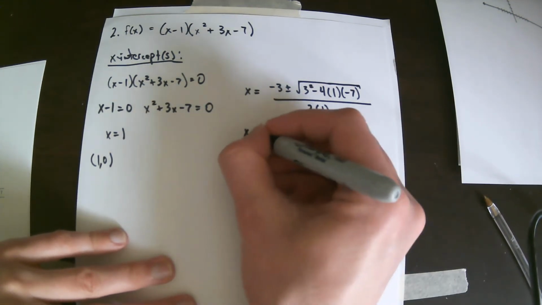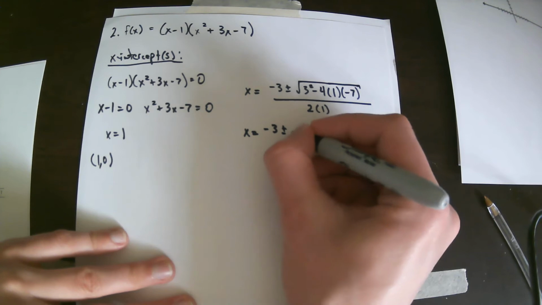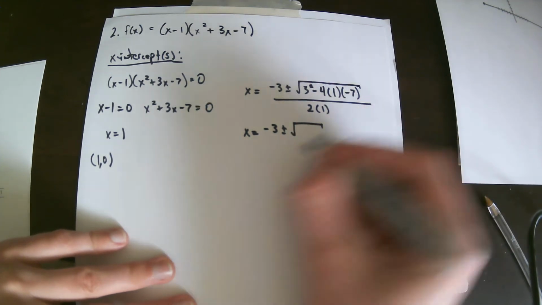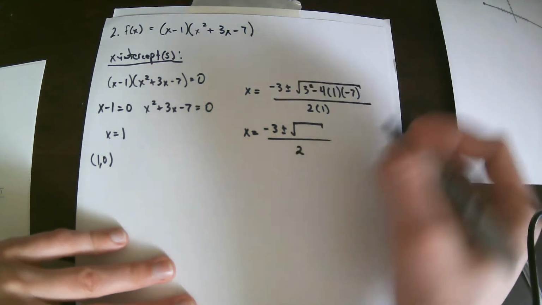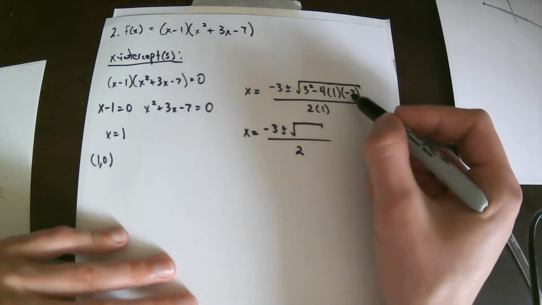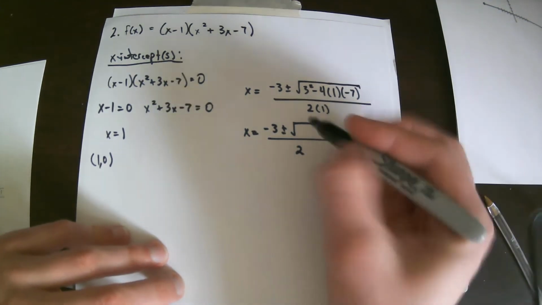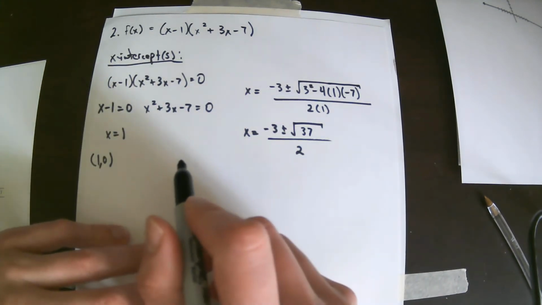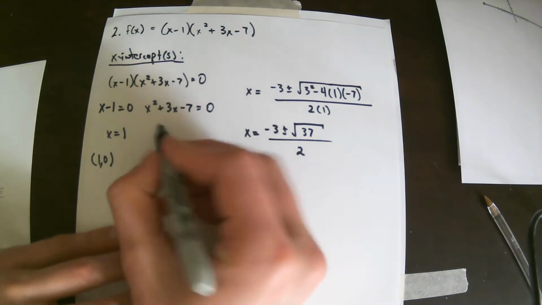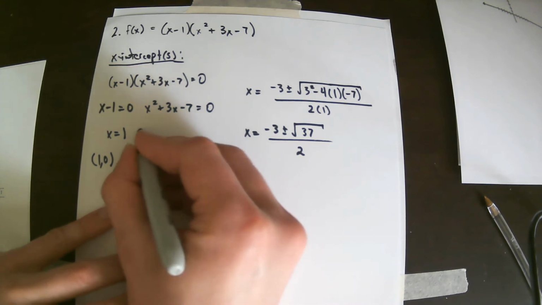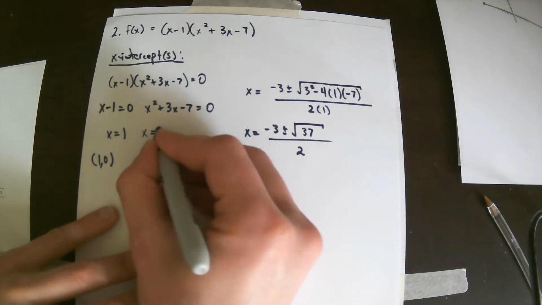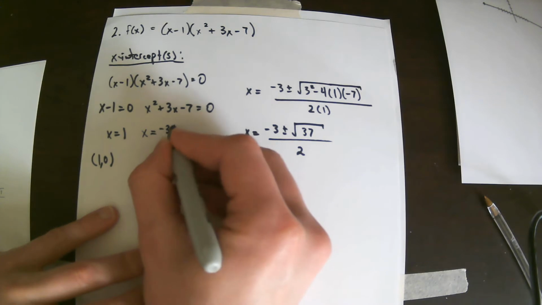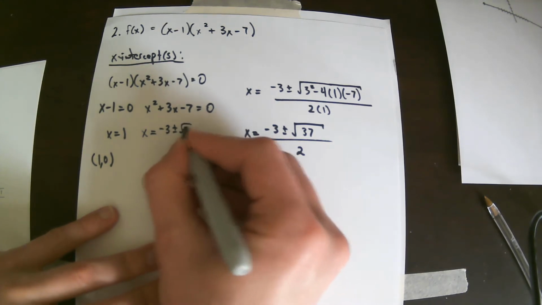And that's going to give me negative 3 plus or minus square root over 2 of 9 plus 28. 9 plus 28, that's 37. Alright, that cannot be simplified any further. So my two solutions here are negative 3 plus or minus square root of 37 over 2.